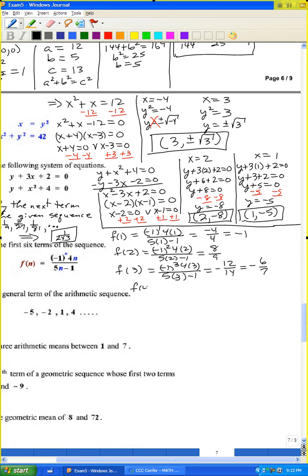f of 4. I guess I'm going to have to keep going here.